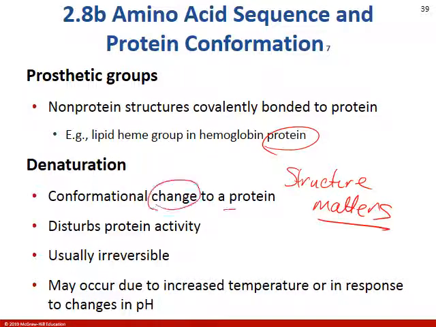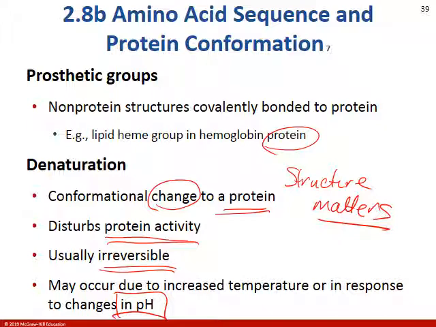If you change the structure of the protein, it disturbs the protein's activity. It's usually irreversible. Once you fry an egg, can you turn it back into a baby chicken? No, right? Also, pH changes. This goes back to the first part that we talked about when we talked about blood, and it being that neutral pH, right? 7.3, 7.4 area.